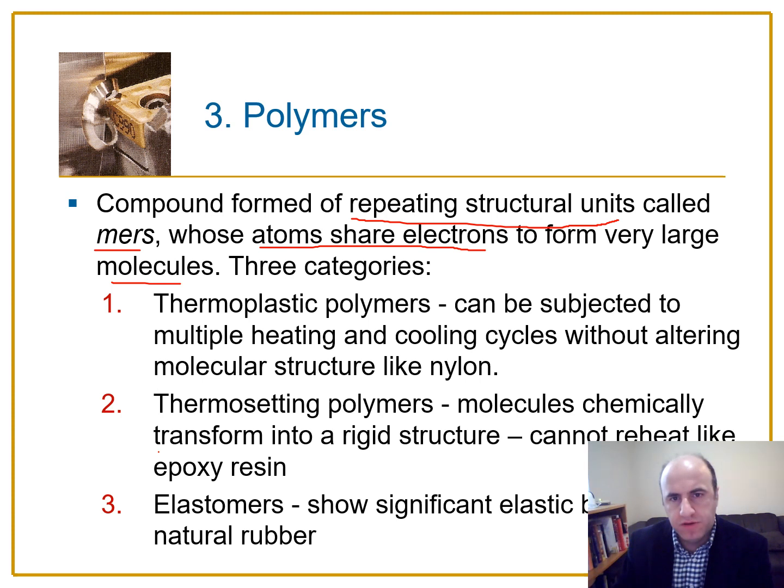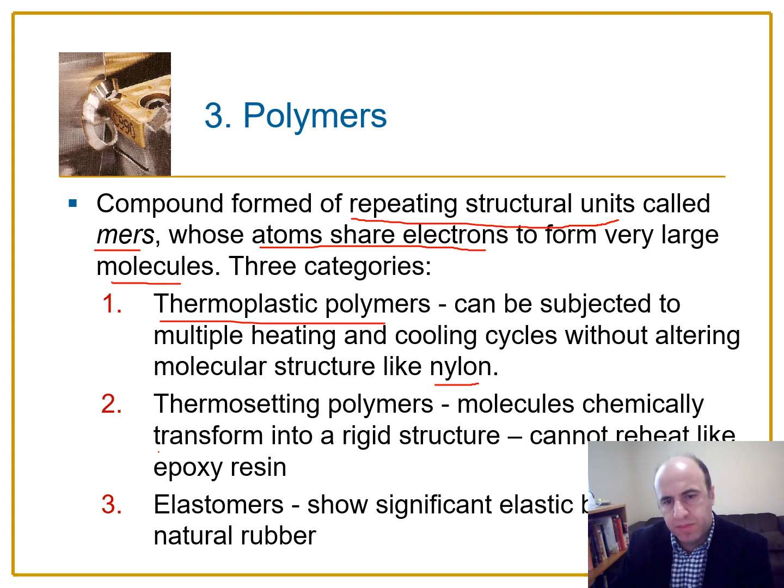In polymers, we have three types: the thermoplastic. The thermoplastic has a unique property. The property is that when you reheat the material, the molecular structure is not going to be changed so much. One example is nylon.